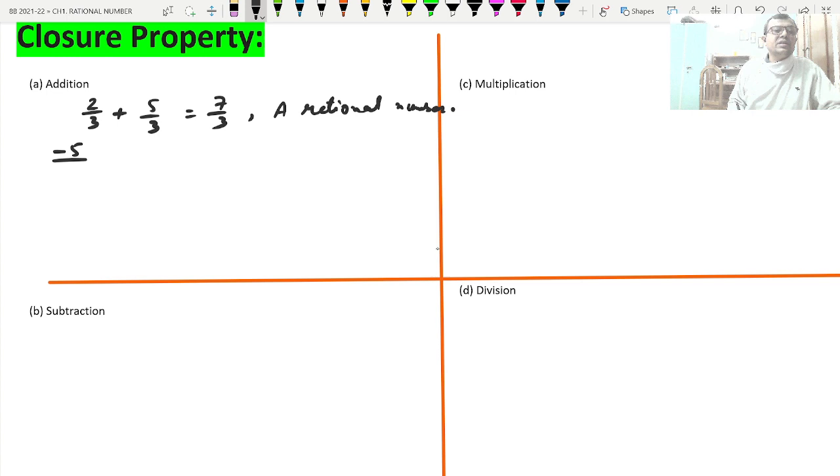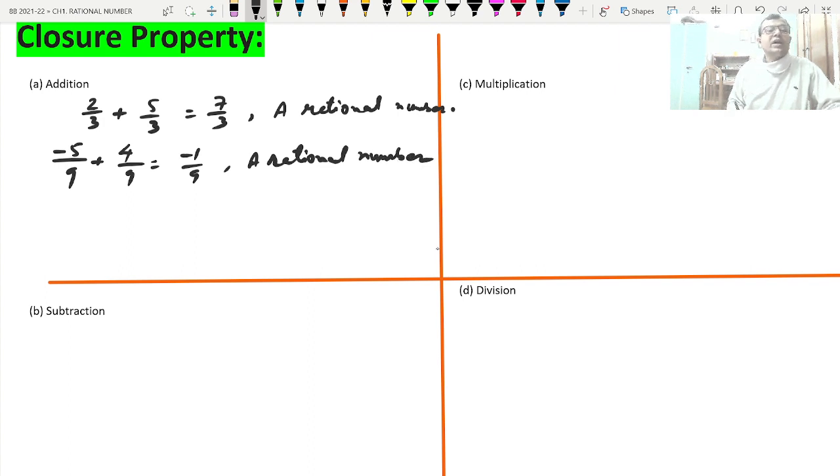Minus 5 by 3, instead of 3 you can write 9, plus 4 by 9 is equal to how much? Minus 1 by 9. Is it a rational number? This is also a rational number, right?